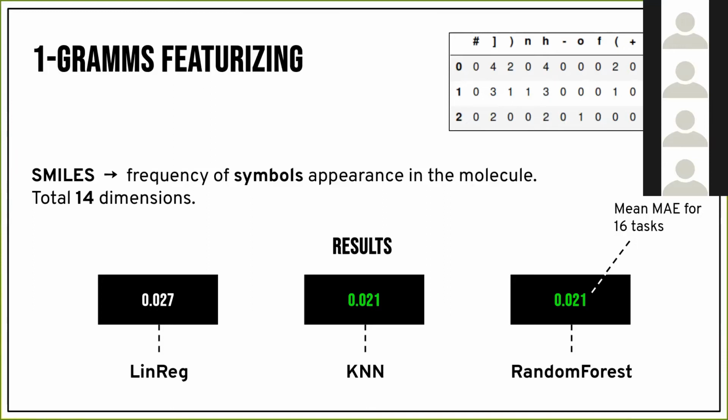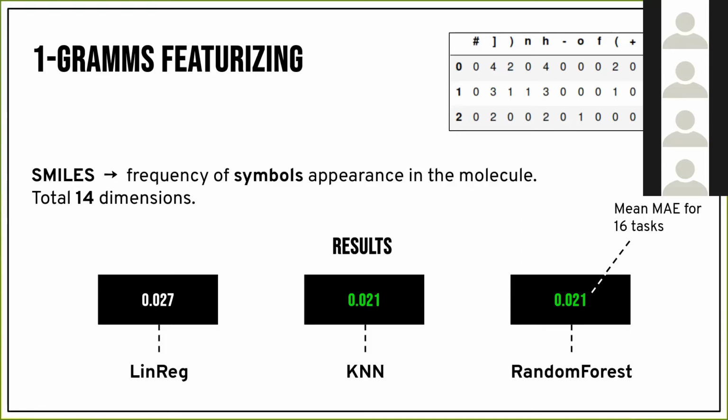So we tested 3 features. So the first one is 1-grams featurizing, and this is basically the calculation of the frequency of symbol appearance in the SMILES string. And at the end, we have 15 dimensions, and you can see the sample at the top right corner. So the value of column H for the first row is 4.